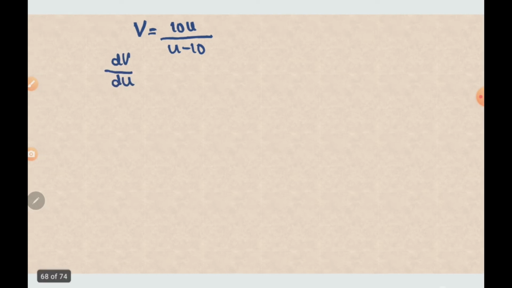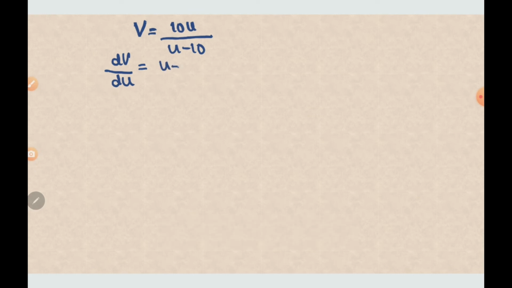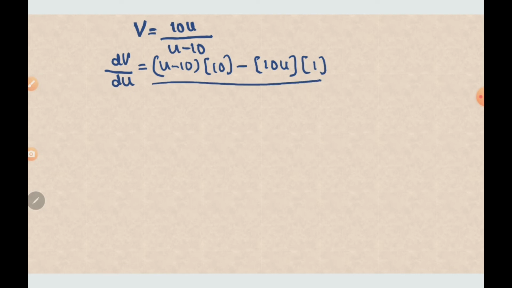I will use quotient rule here to differentiate dv du. So u minus 10, differentiate 10u, the answer is 10, minus, copy 10u, differentiate u minus 10, the answer is 1, over v squared, means u minus 10 squared.